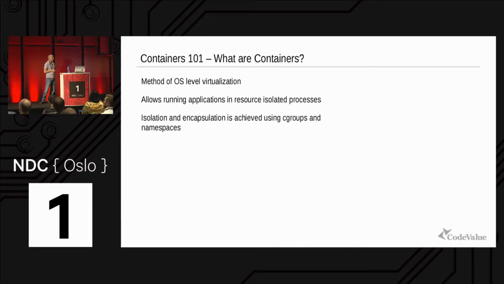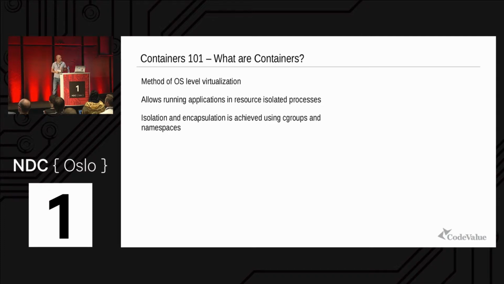Now, containers allow us to run applications in resource-isolated processes. Very similar to virtual machines, these are isolated from the rest of the operating system. But unlike virtual machines, where I have this huge machine with multiple processes, this is a single, very small process that happens at the OS level, right?